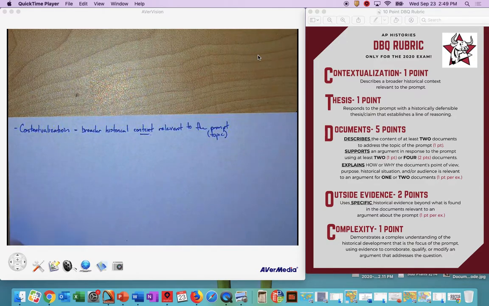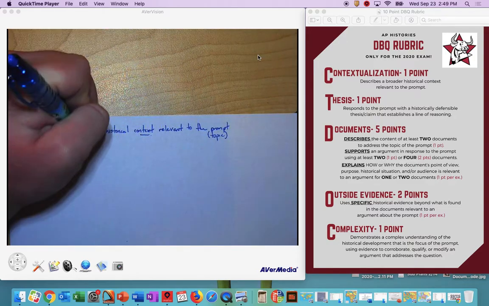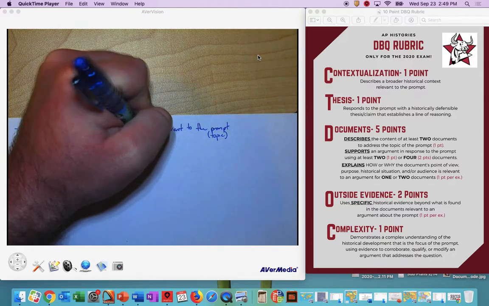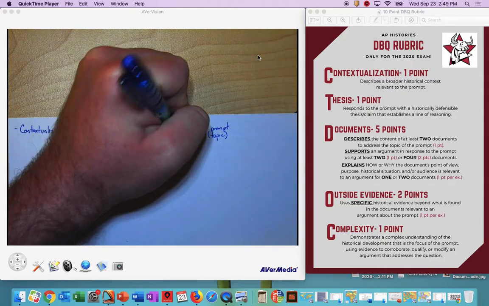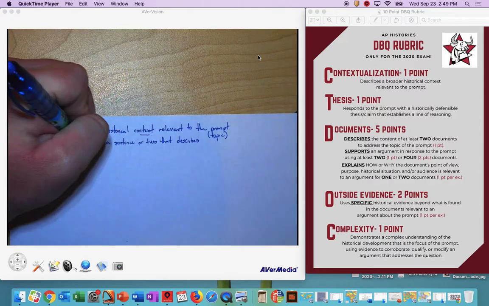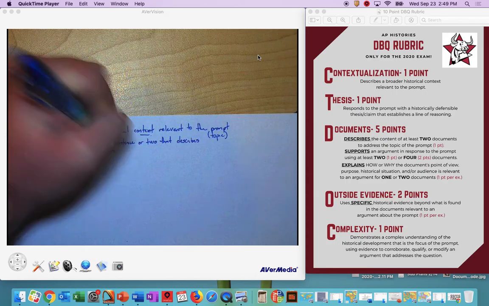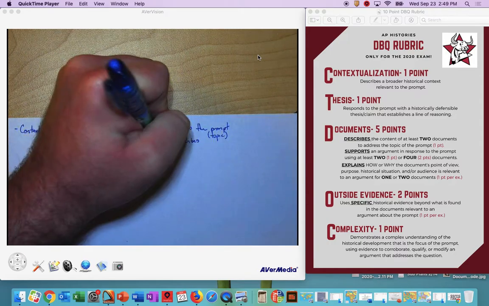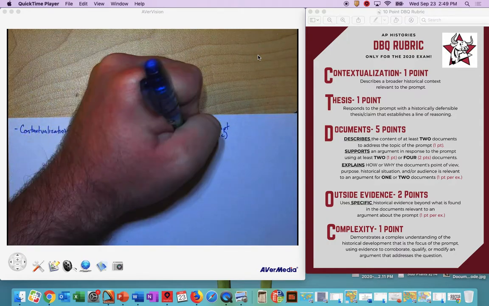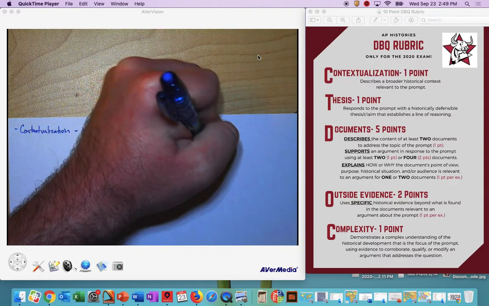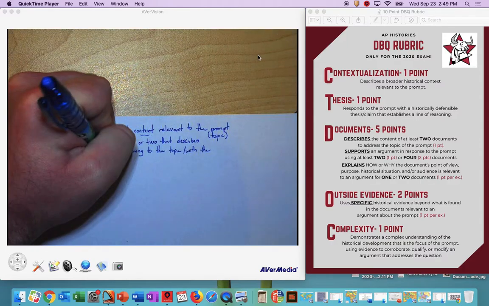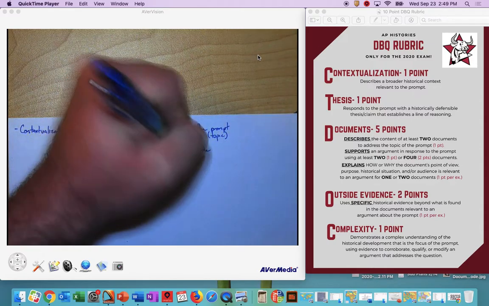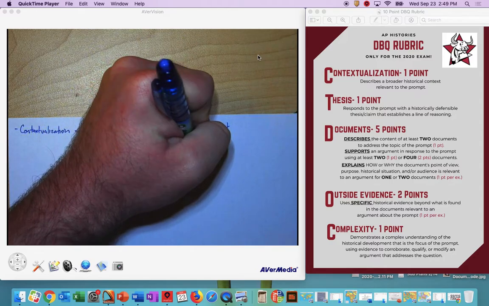The easy way to do this is to write a sentence or two that describes what was happening to the topic or with the topic prior to the time frame of the prompt.